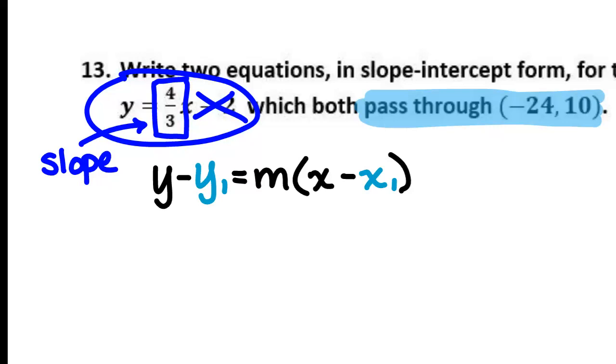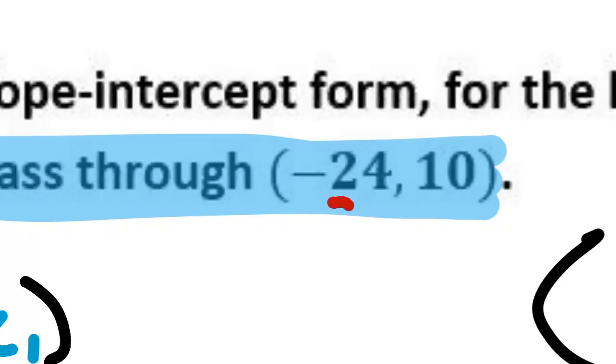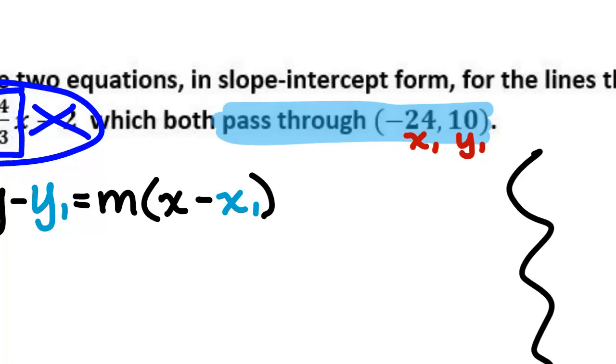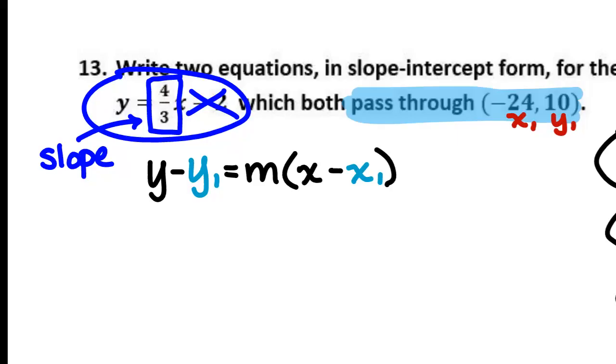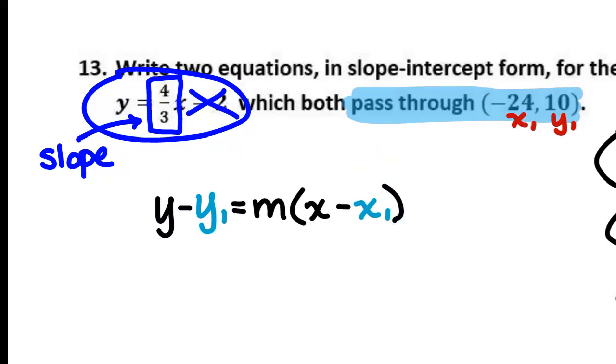We're going to take the point (x, y). That's an x1 and a y1. We're going to put that in the equation in the place of x1, y1. And for parallel, I want my slope to be the same. So we'll do parallel first over here.